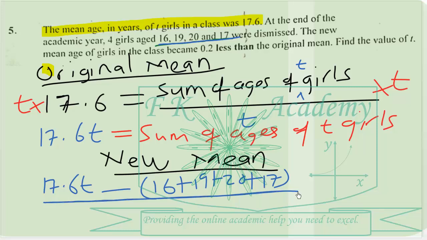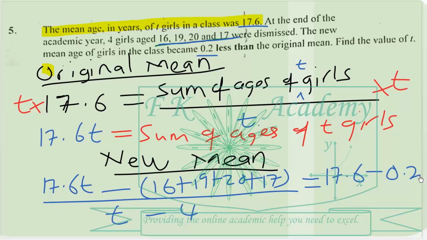Then you agree that the total number of girls in the class will also reduce by 4 because 4 are not there. Originally they were T. Now 4 left, so it will be T minus 4. And we're told that now the new mean will be 0.2 less than the original mean. So what is the original mean? 17.6. It will be 0.2 less than that.